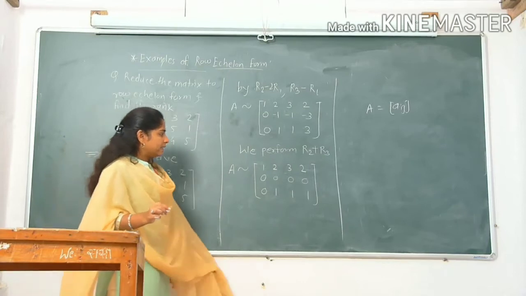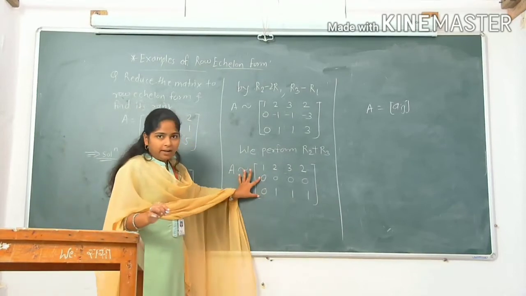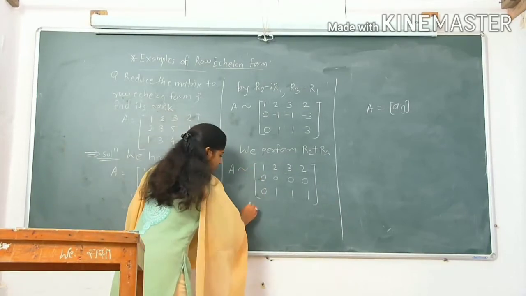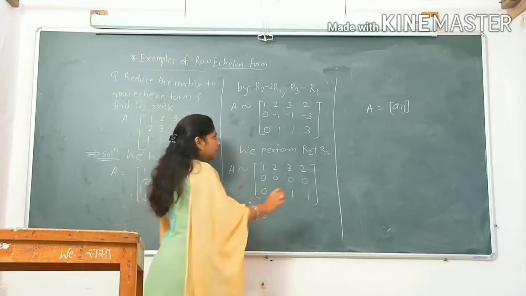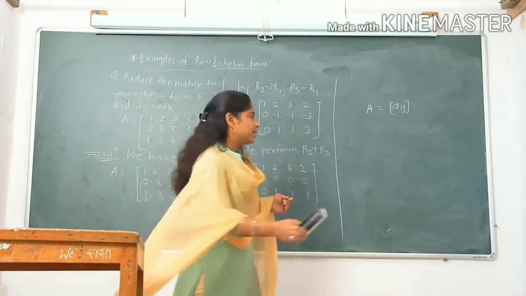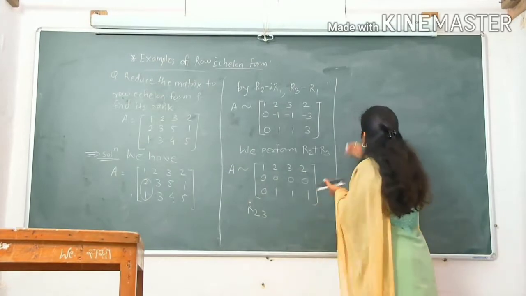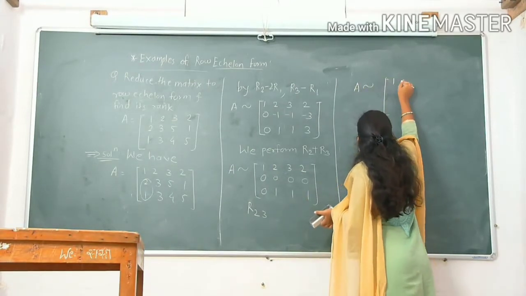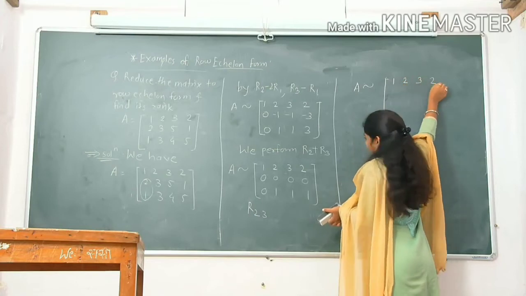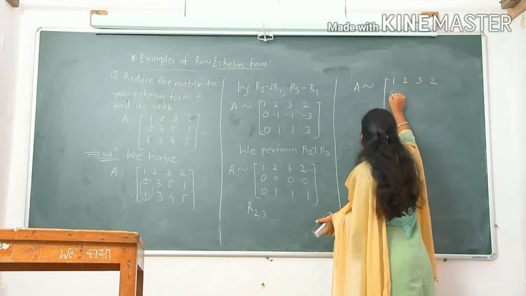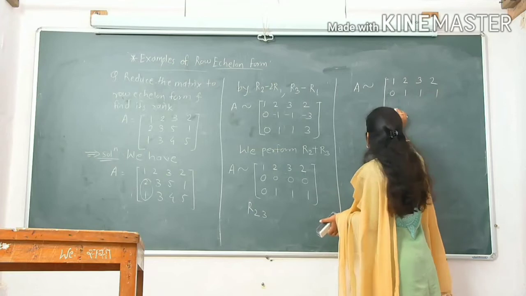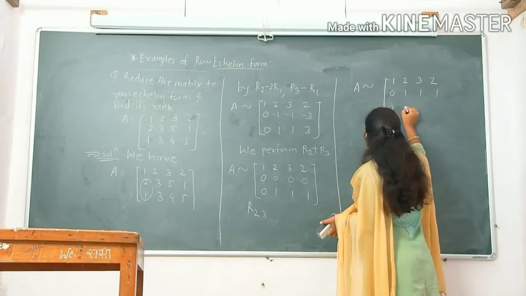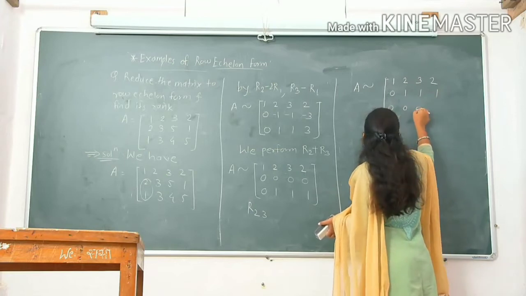Now I interchange the second and third row, that is R2 and R3. A is similar to the first row as it is, third row, and here we write the second row.